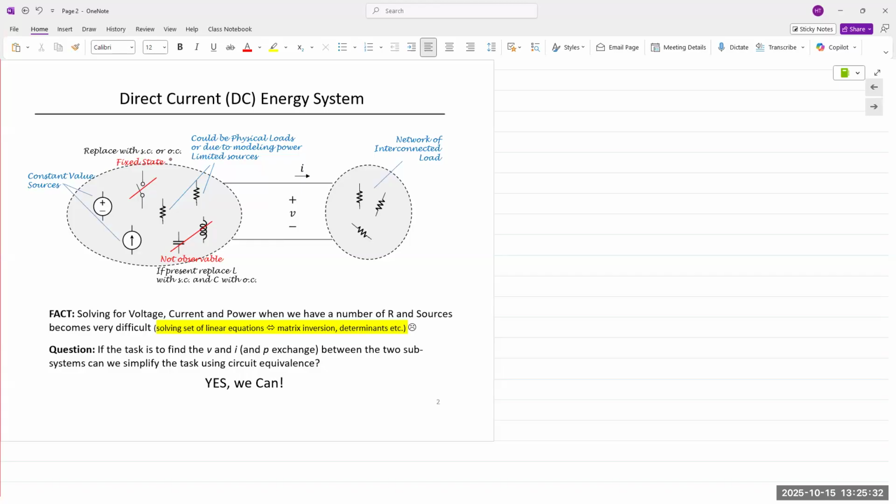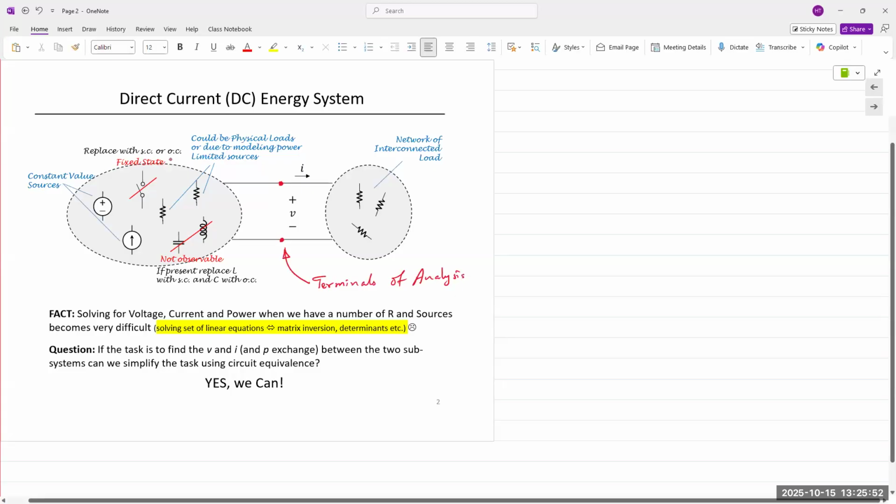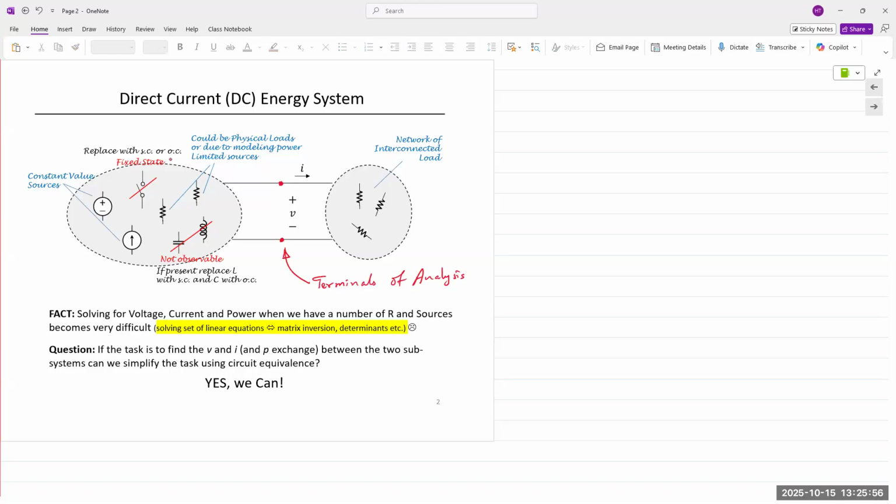Between the pair of terminals right here, I'll call these terminals of analysis, terminals of interest, anything works. Output terminals will be referred to by a multitude of names.